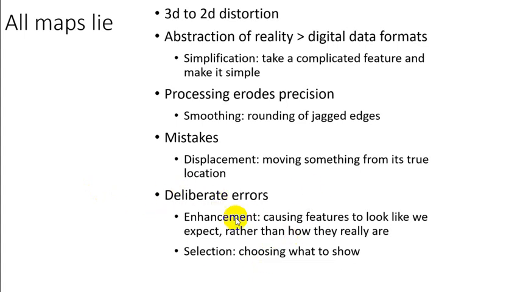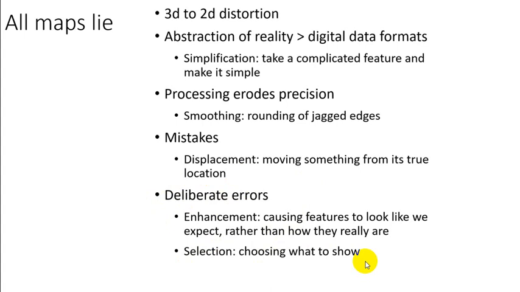It is a good choice of words to say a deliberate error, but if we're choosing what we're going to put on a map and what we're not, we are making deliberate choices. Is it an error? Well, it depends on how you define error. It's not 100% correct anymore. So it's artificial.